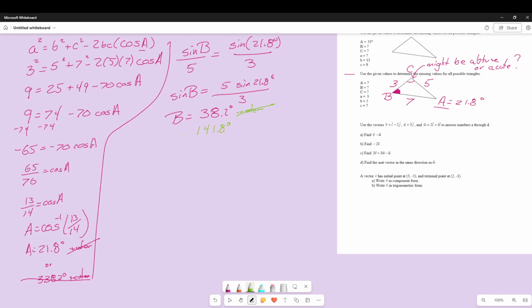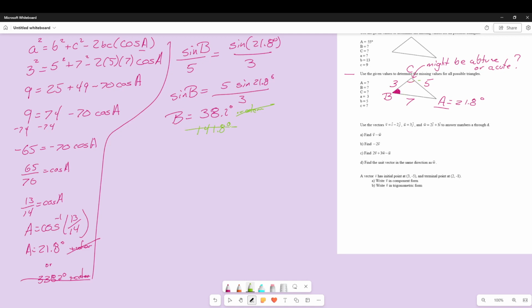And the 141.8 degree angle in quadrant 2, which would normally be possible because 141.8 degrees can fit in a triangle just fine, but it can't be a middle angle. That would mean this angle C would also have to be obtuse, because it has to be larger than angle B because it's opposite a longer side, and you can't have two obtuse angles in a triangle.